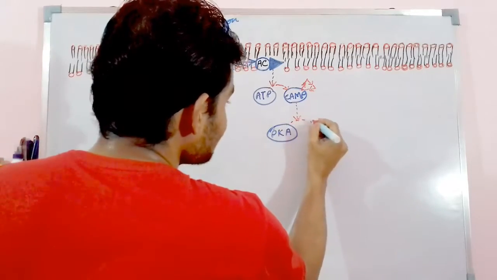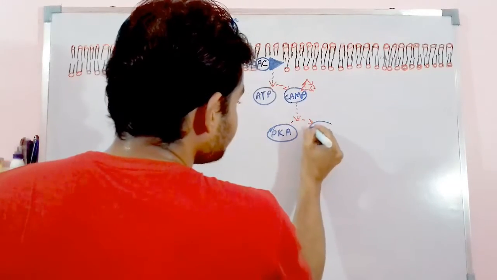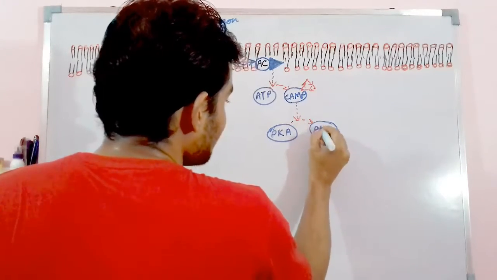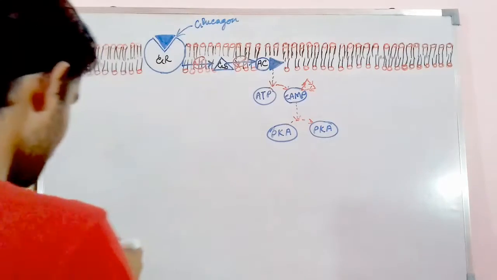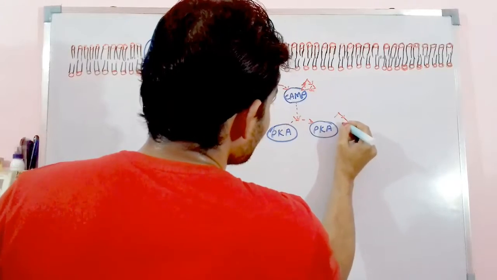This protein kinase A will get activated in the presence of cyclic AMP, which would help in formation of the active protein kinase A molecule.